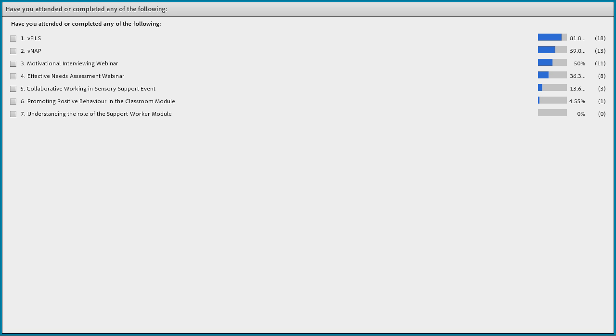You might be attending VPhils and finishing off with VPhils, or have completed it altogether. So that's really good. And I'll explain to those of you who haven't got a clue what VPhils or VNAP means, what that course is. It's part of a PDA inclusiveness, and I'll explain more about that at the end of today's webinar.